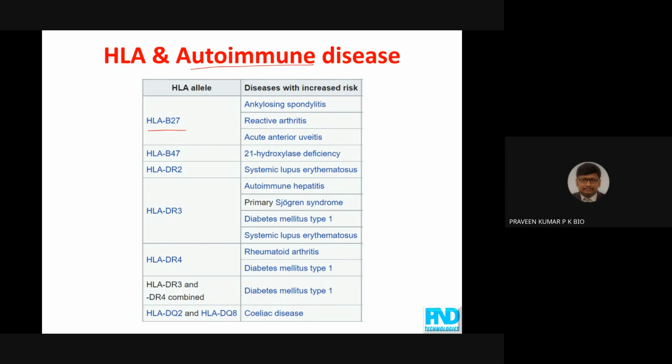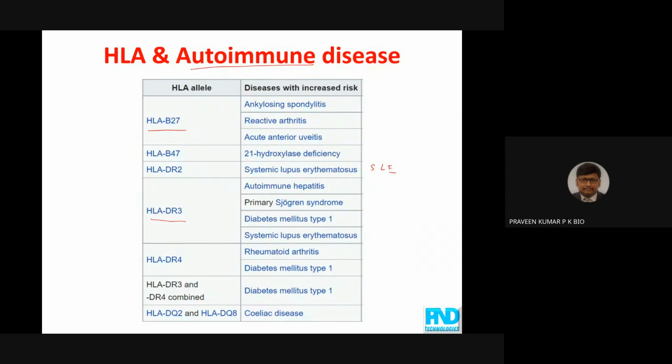Got it? Similarly, if a particular community has HLA-B47, then they are more prone to 21-hydroxylase deficiency. Similarly, for HLA-DR2, systemic lupus erythematosus, SLE.